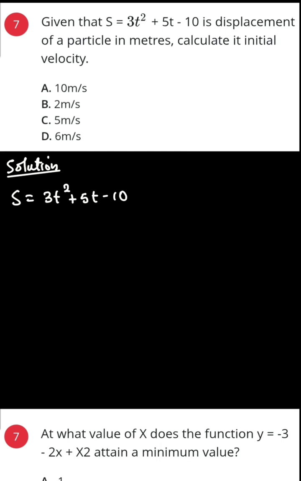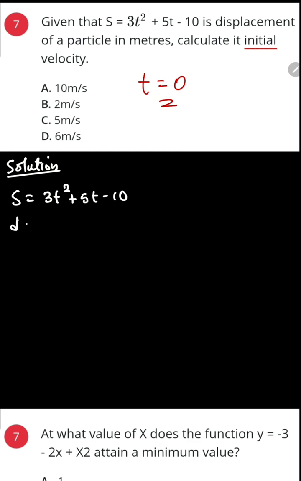It is the displacement of a particle in meters, and we are asked to calculate the initial velocity. This is the main thing. What is the meaning of initial velocity? We assume that it starts from rest, and if it starts from rest, then t equals 0. Please take note of what I just said.